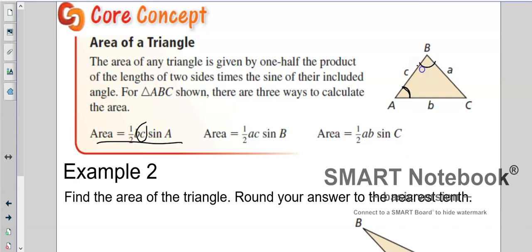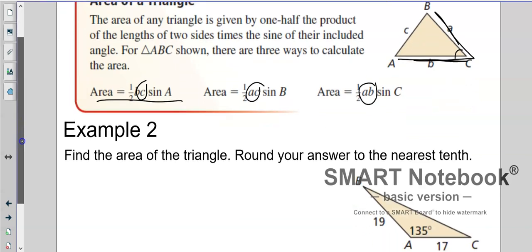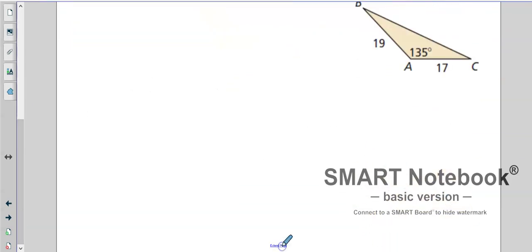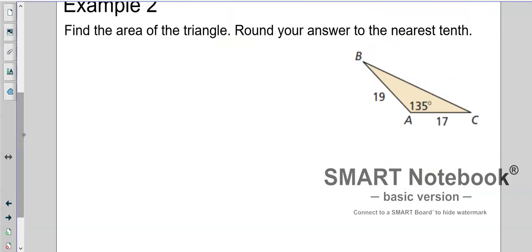Angle B, that is formed by A and C. And then angle C is formed by B and A. Okay, so that's what they're talking about, the sides that form the angle, the included angle. Okay, so it's a pretty straightforward formula. You're not going to have to memorize it. You just got to do it. Okay, so let's do it with this one. It's pretty straightforward.